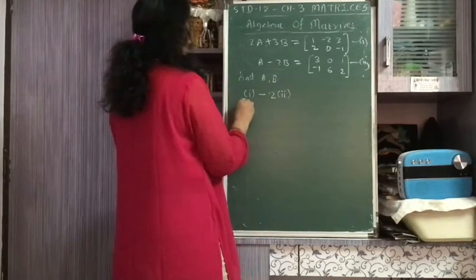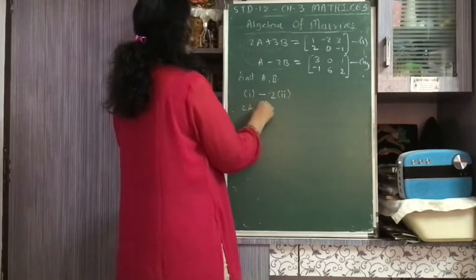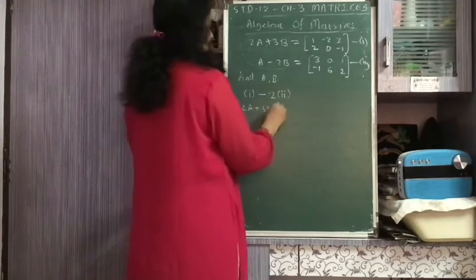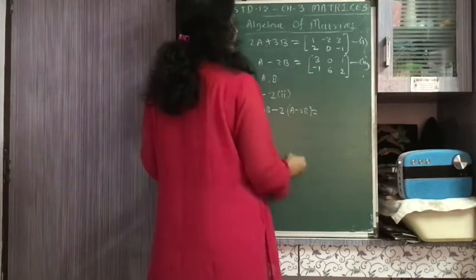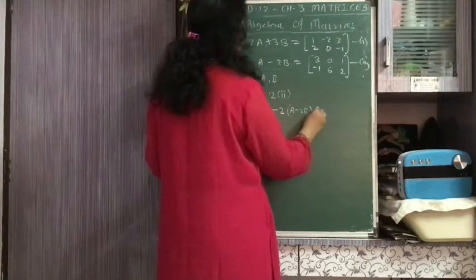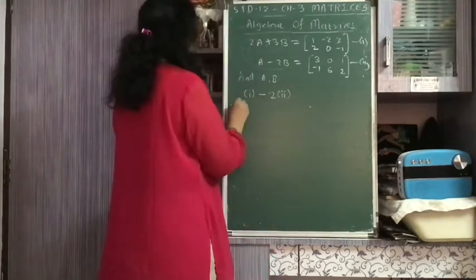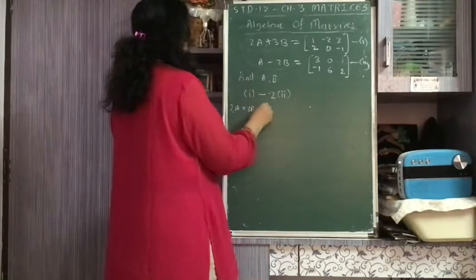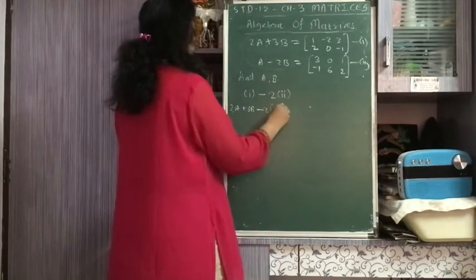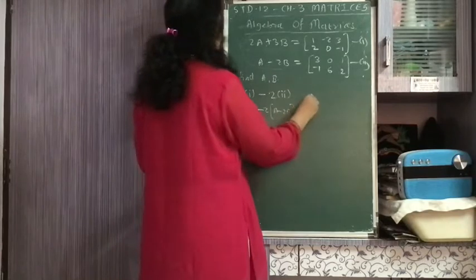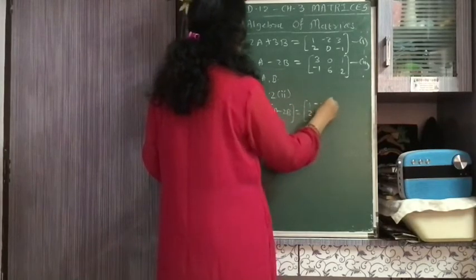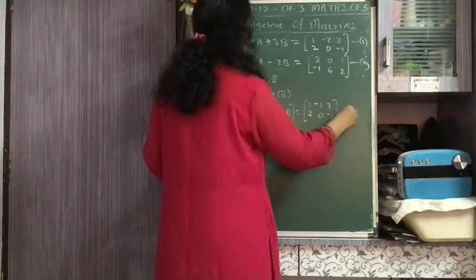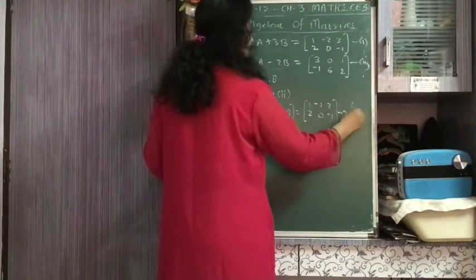So it will be 2A plus 3B minus 2 times A minus 2B is equal to the first is as it is, minus 2 times this.